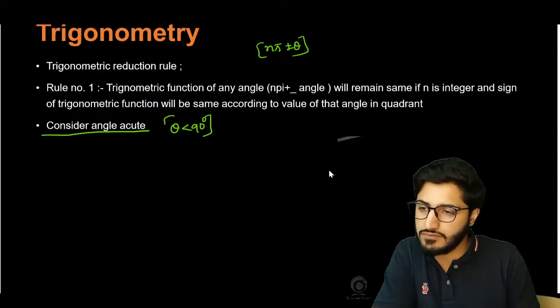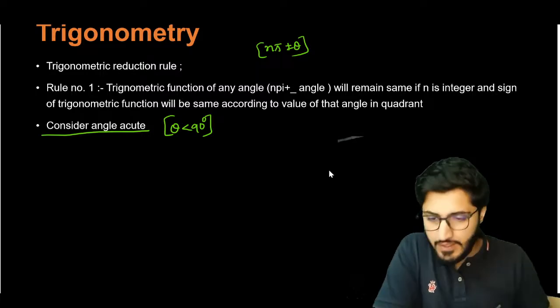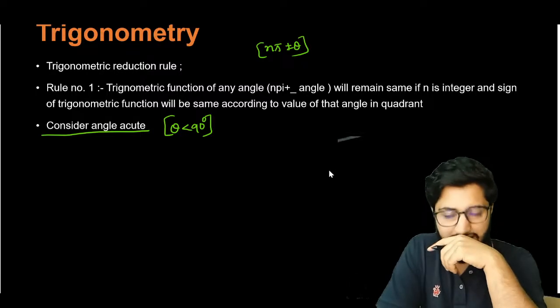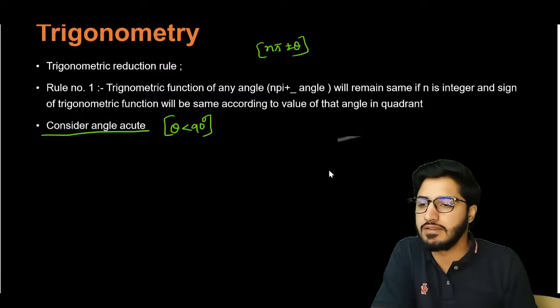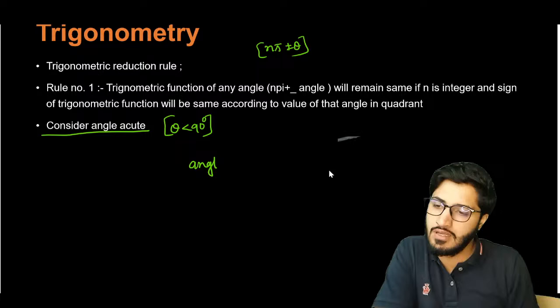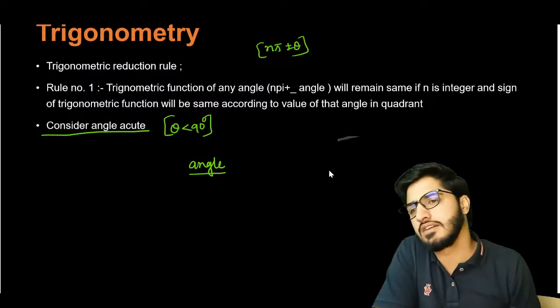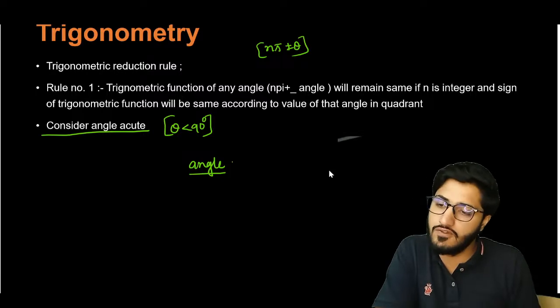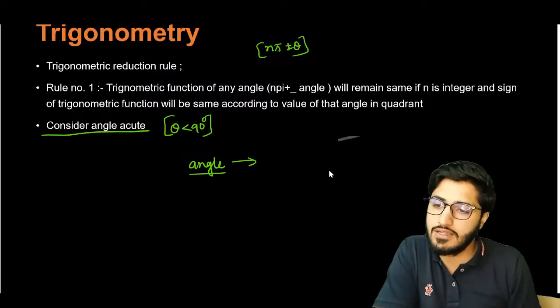Meaning like that, if we are having some angle, and this angle is bigger than 90 degree, and we can break down the angle into this parameter n pi plus minus theta.